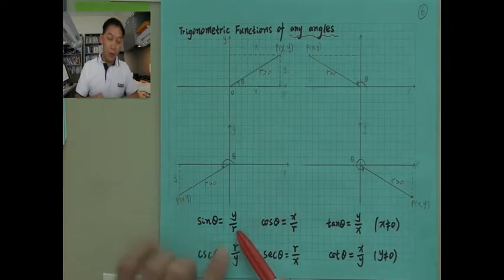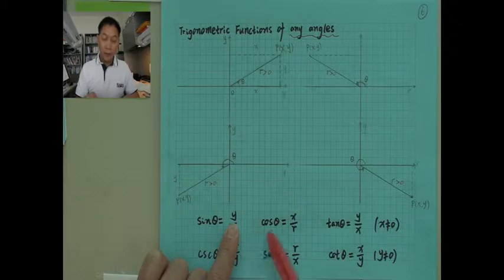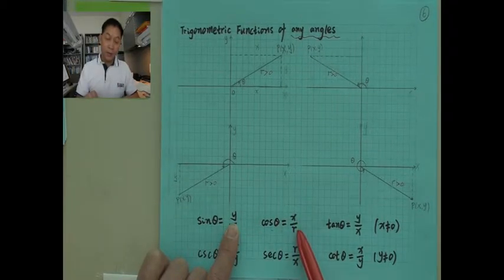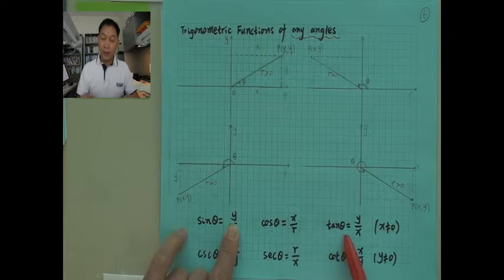If r equals 1, then y over r is y over 1, which comes to be y. So sine theta is going to be y. And if r is 1, then x over 1 is just x, so cosine theta equals x. And then tangent theta is still y over x.